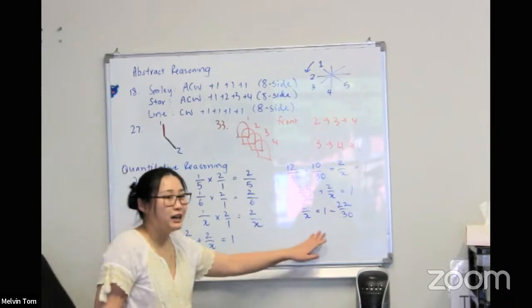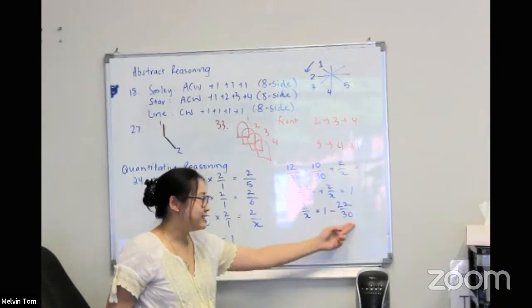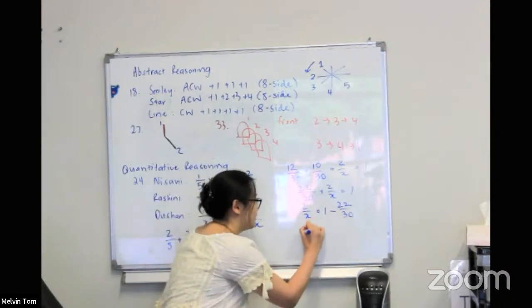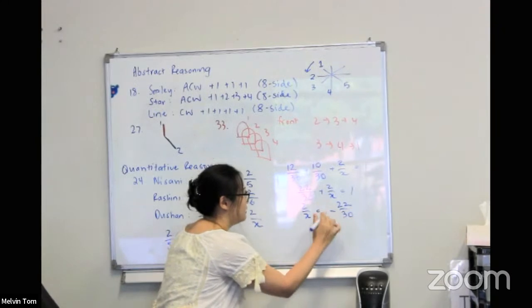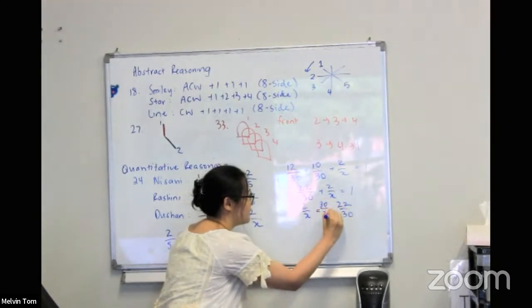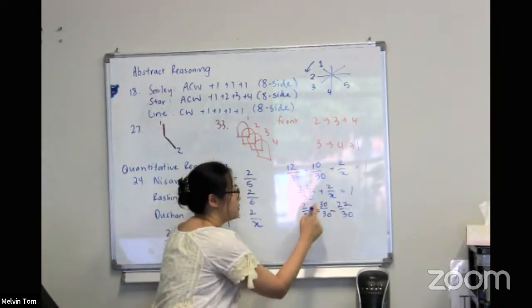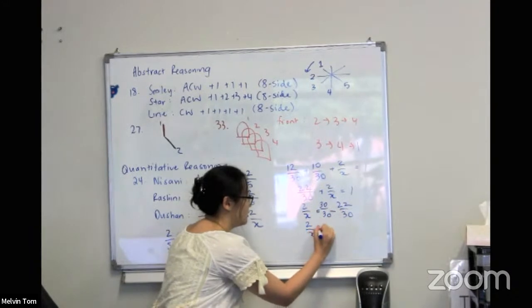Right? So why are we thinking 30? Because of the denominator we want to use. So this is 30 over 30. Okay? So now can you subtract these two? Yes. So 30 take away 22 is? 8. Good job, over 30.